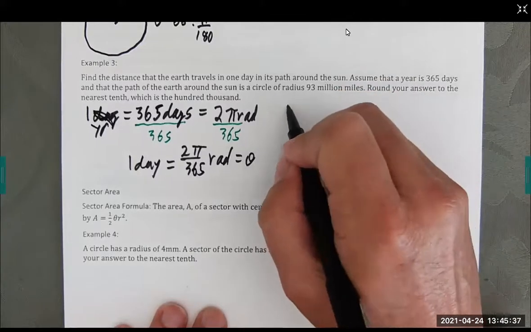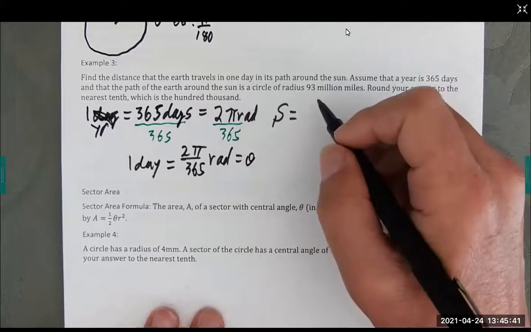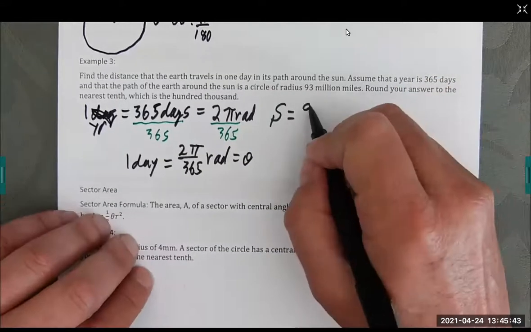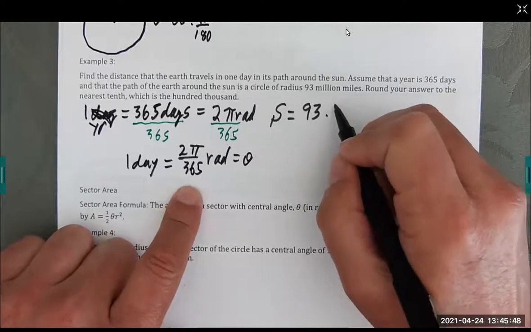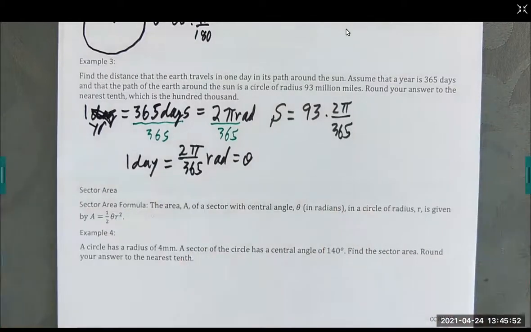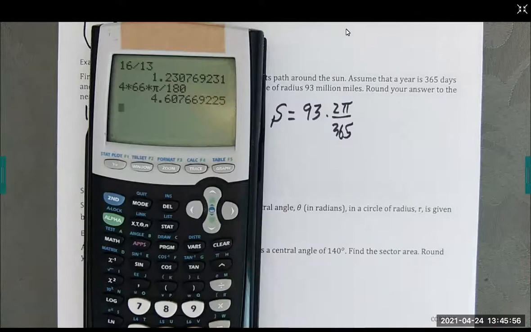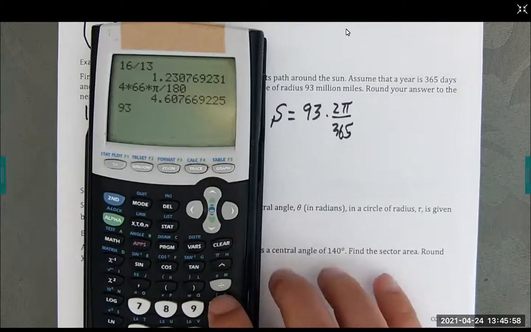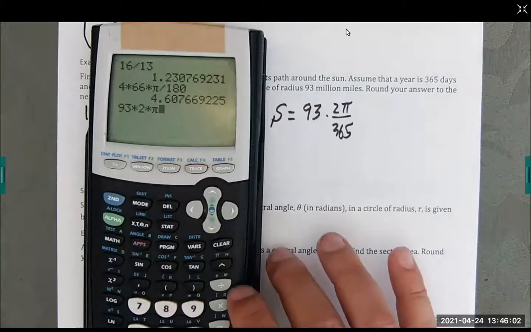So how far does the Earth go? Let's see. This is r times theta. R in this case is the 93 million times our angle, which is 2 pi over 365. Let's see what we get. 93 times 2 times pi divided by 365.